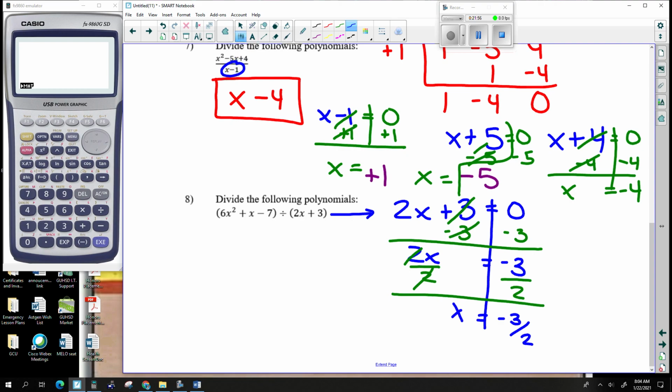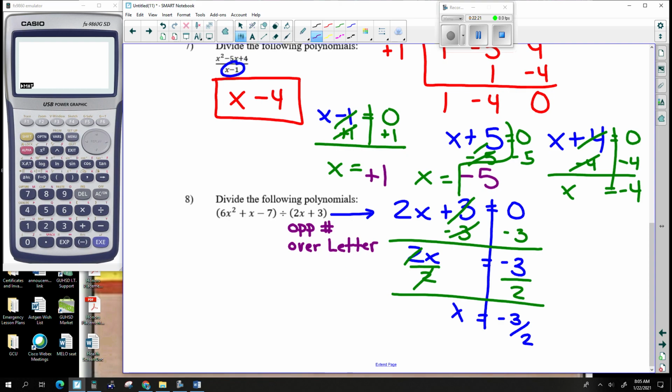So I end up with -3/2. What I usually say is, opposite number over letter. So the number is 3, so it's opposite the number, -3, over the letter, which is 2. That's my simplistic way of solving that pretty quickly.